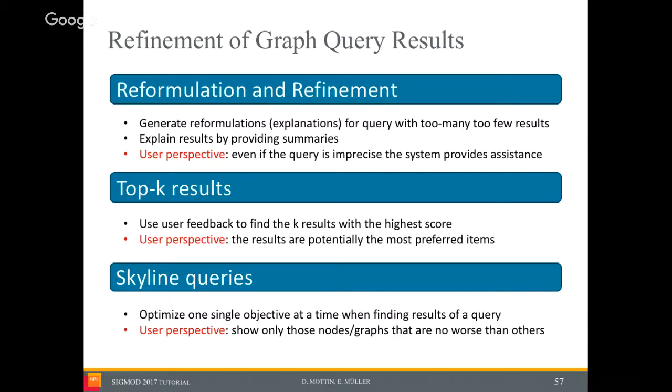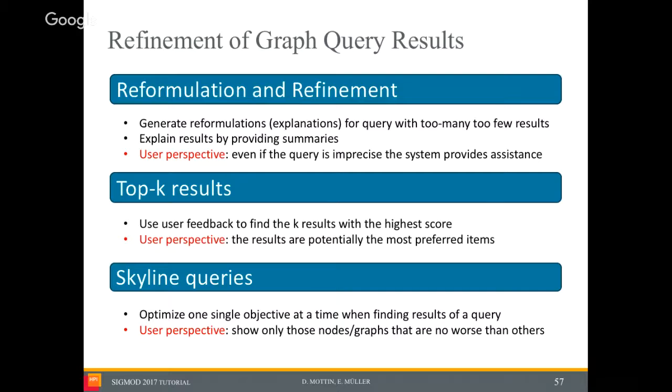These results might be irrelevant because the user was really imprecise. So how can I guide the users towards the proper results? Traditionally, in the database community, they have started studying refinement of queries. Let us change the query a bit.